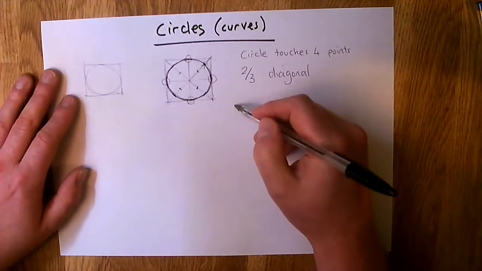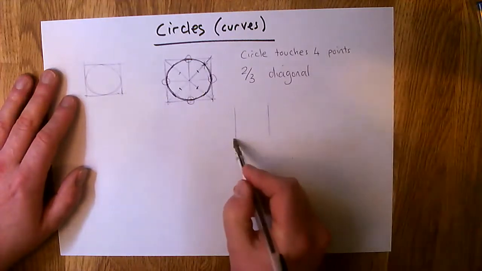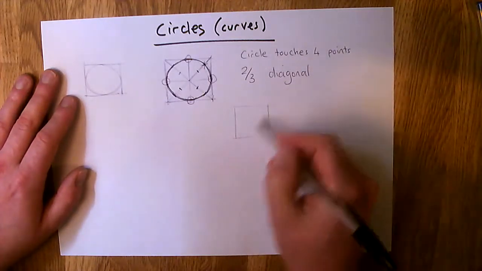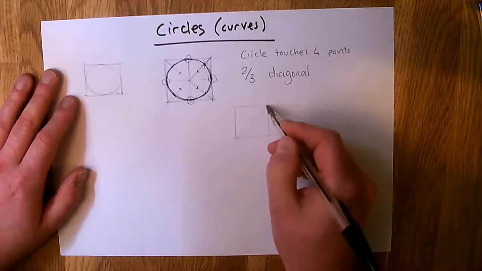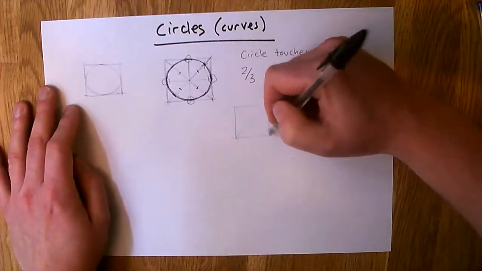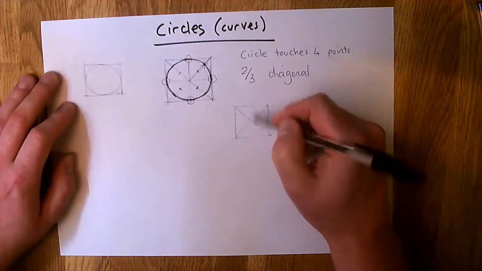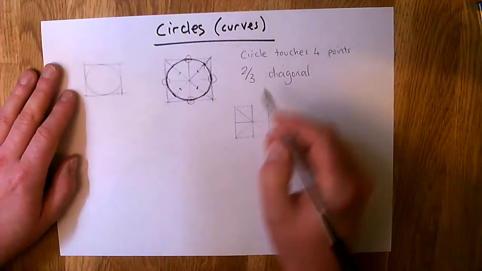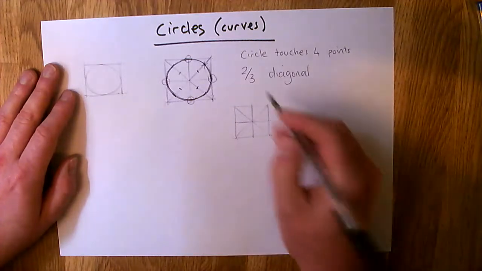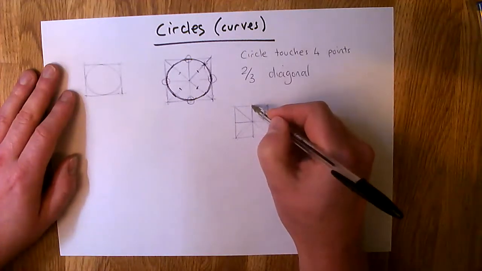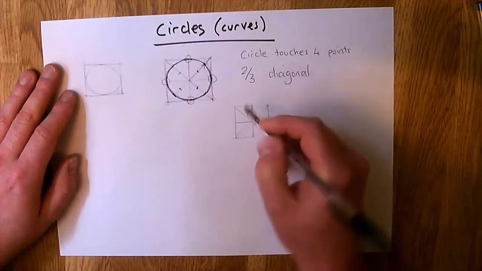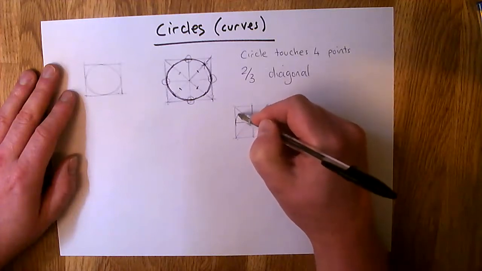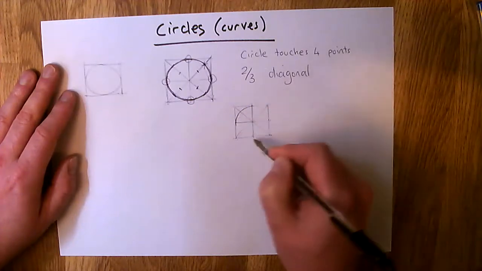Let's practice that again. Let's try and get a good square. Better square this time. Let's put our diagonals in. And a horizontal and vertical. Now we know that the circle touches those 4 points at the top of the cross and at the side of the cross. So let's draw in beautiful curves.